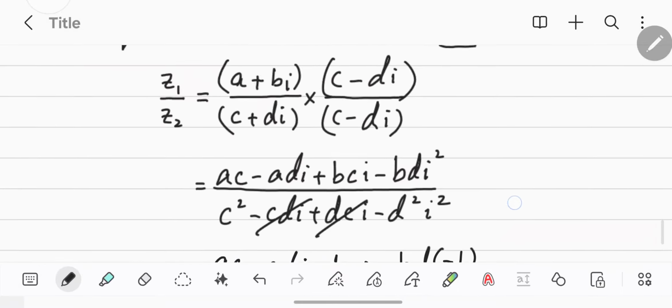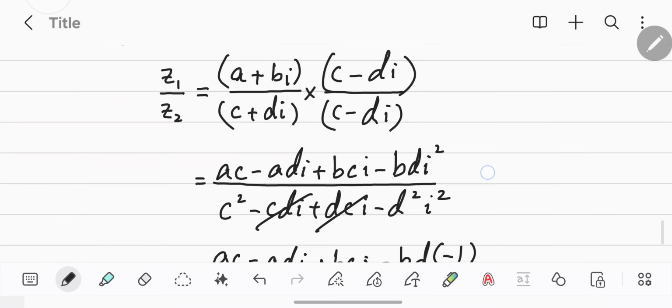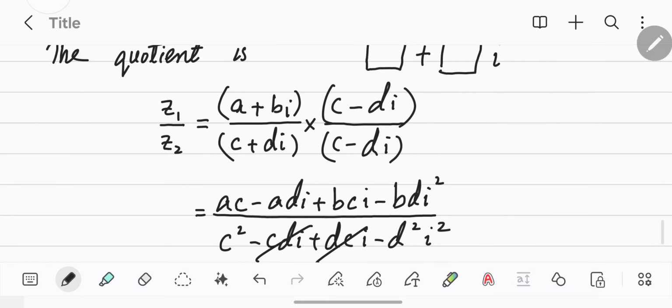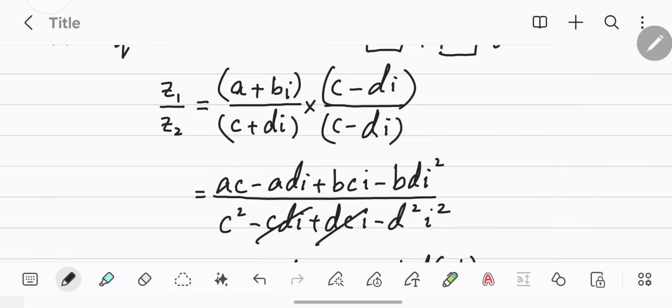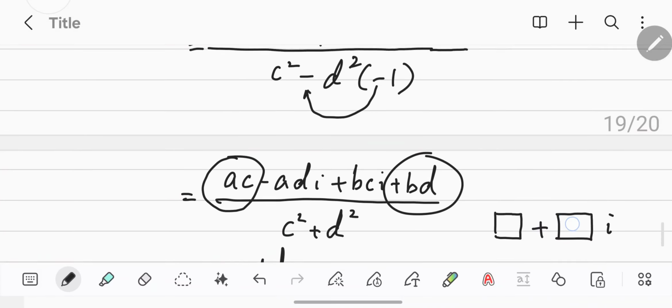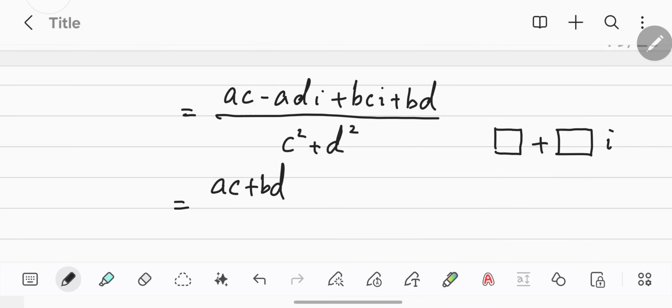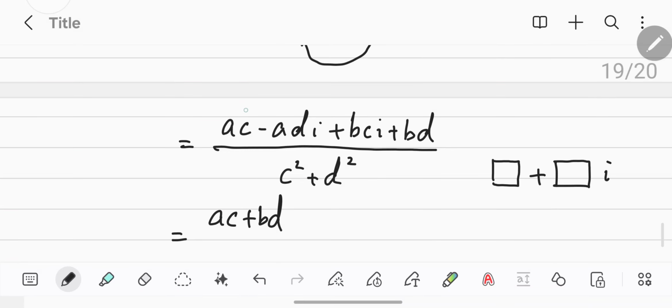I think I have made a mistake before when I... no, there is no mistake. Everything is fine. So what I have done is separate the real parts and written them down first: ac and bd.